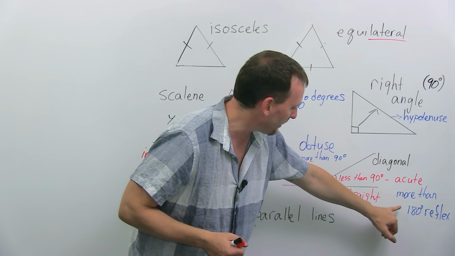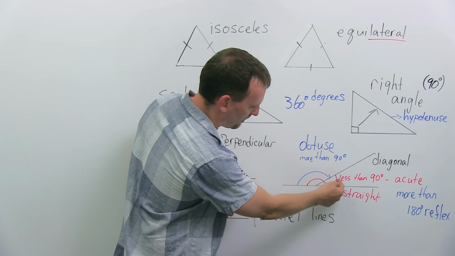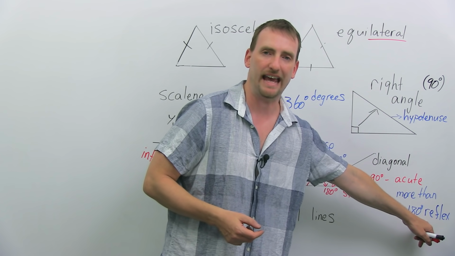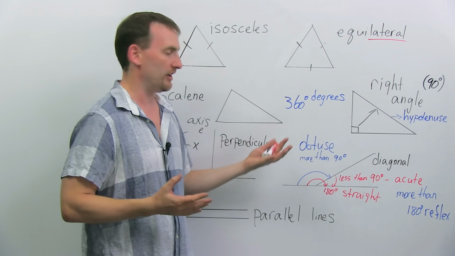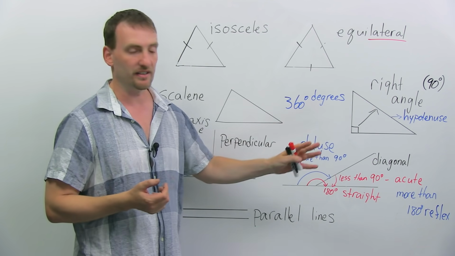And then if you have an angle that's more than 180, so for example, if I'm measuring this angle, it's more than 180 degrees, that's a reflex angle. So you have all these different angles to work with. Again, very important for those of you who are doing geometry and whatnot to know the names of these angles.